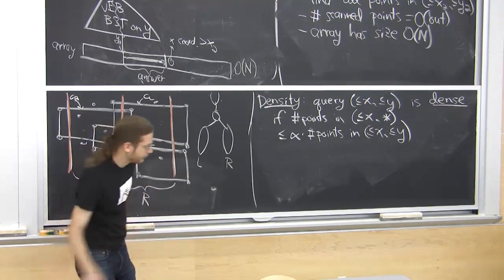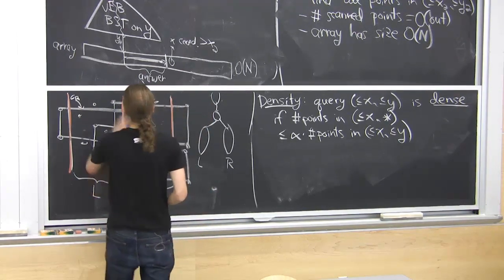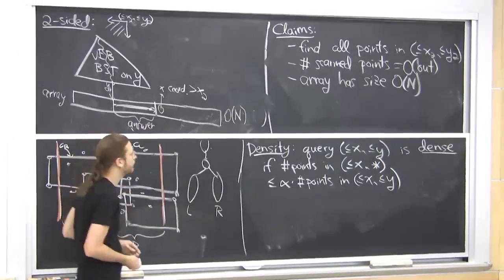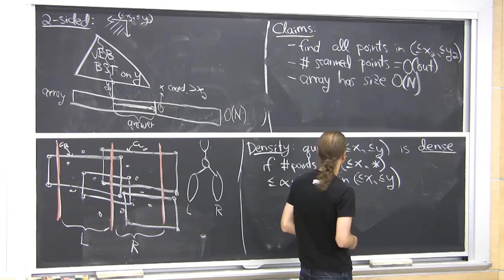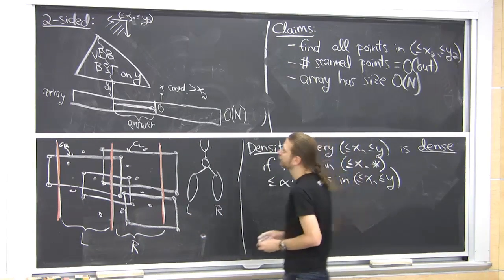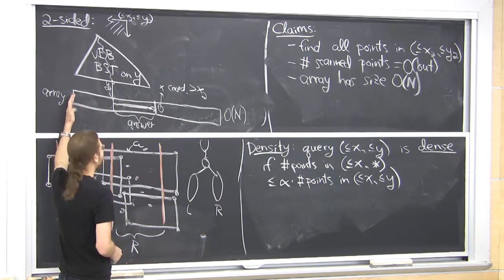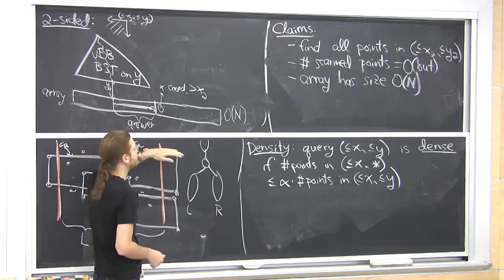This would be good for us because ultimately what we're trying to do here is do a scan in x. Then for this particular y-coordinate, we could just basically start at the beginning of the array, start scanning, and just report all the points that are actually in our range.